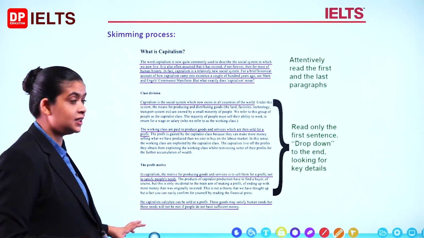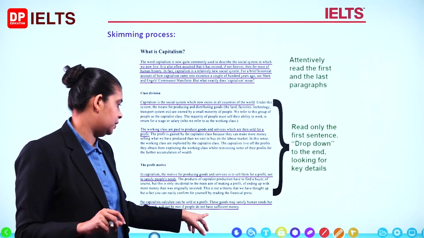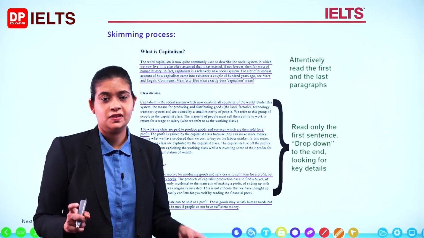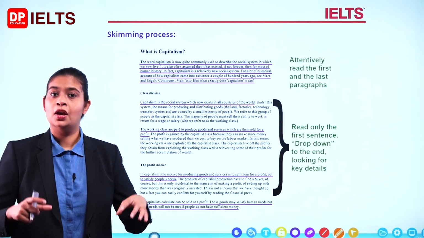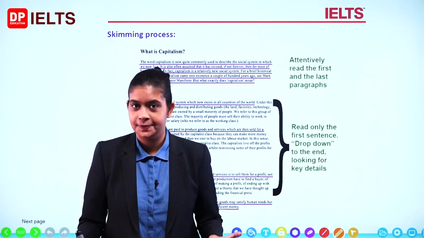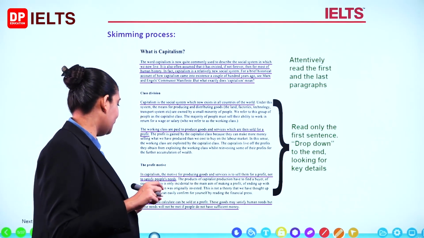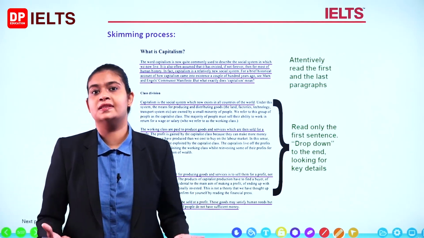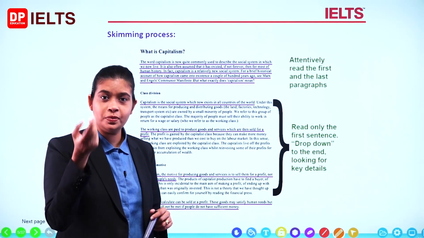Those goods may satisfy human needs, but those needs will not be met if people don't have sufficient money. So as I said before, hunger is a need. Food, shelter, clothing, they are basic needs. So yes, the capitalists give you these things, but if you don't have money, can you purchase them?